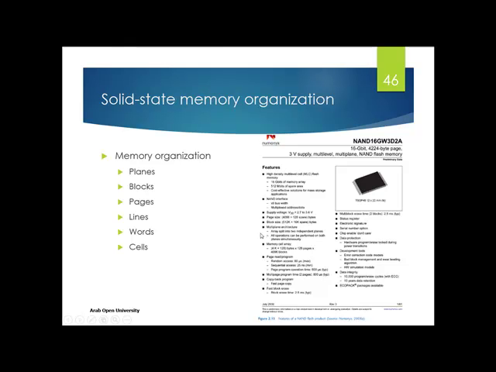For instance, we have 2 planes in this memory. The page size is 4096 bytes. The block size is this. And you can see that we have this number of blocks times this number of pages times this number of bytes.